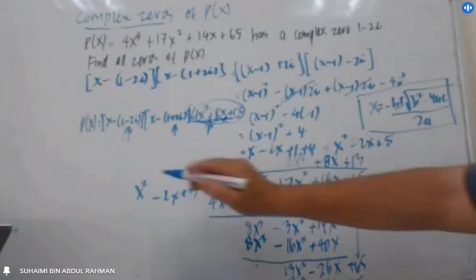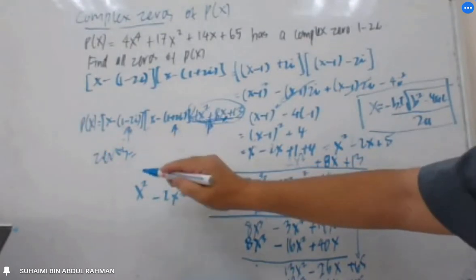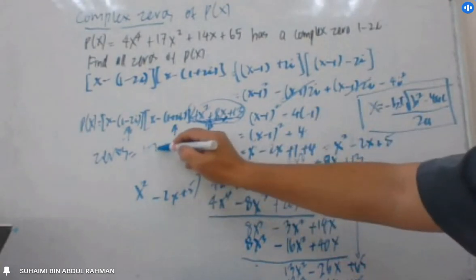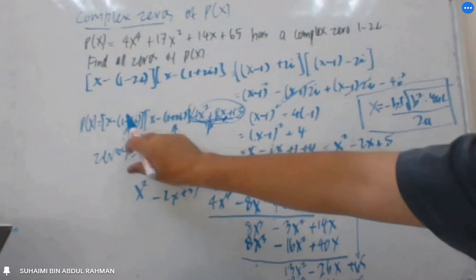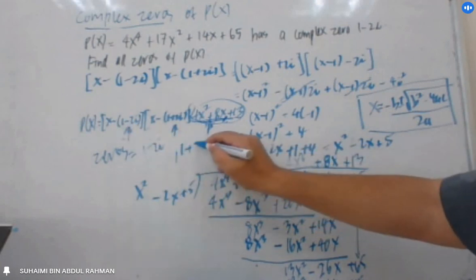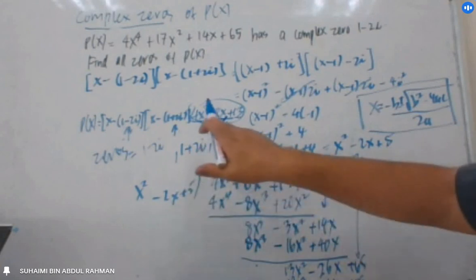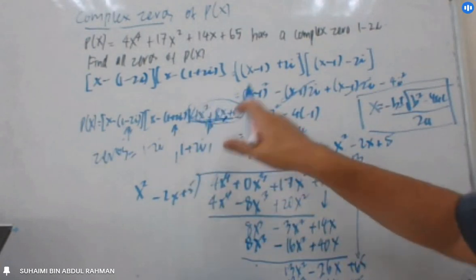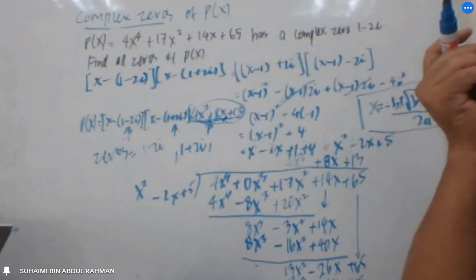So what will be our zeros here? 1 minus 2i, right? 1 zero. Another zero is 1 plus 2i. Another zeros are the 2 values of x you obtain from here. You understand?